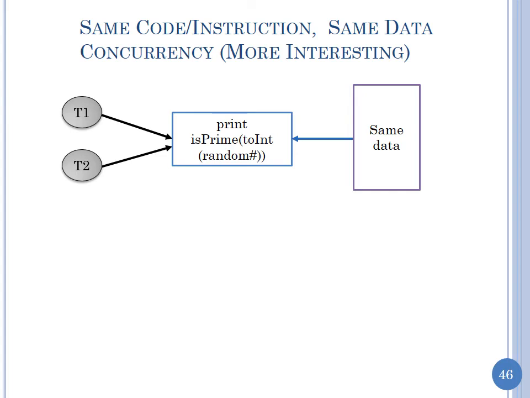A problem like this can make more sense if the computation is hard. So maybe I convert the random number first to an integer and then try to figure out whether it's a prime number or not. To determine if a number is prime or not takes computation. So maybe this is a much more interesting problem to do in this category.